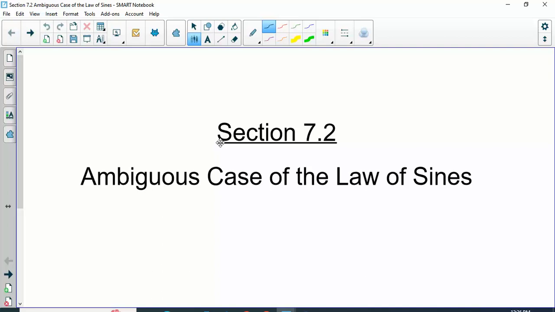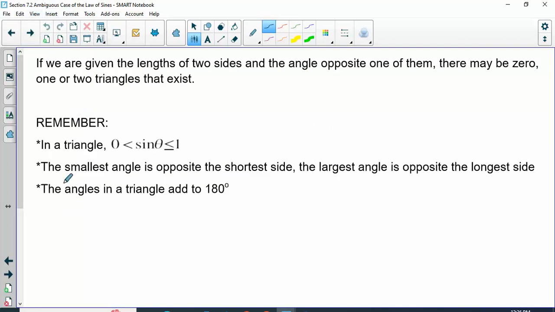Now, as it turns out, we have been looking at fairly nice problems. But there are some other things to take into consideration. If the information we are given is two sides and an angle opposite one of them, it's possible that there could be 0, 1, or 2 triangles that exist with this given information.